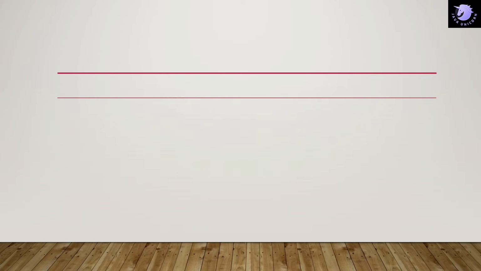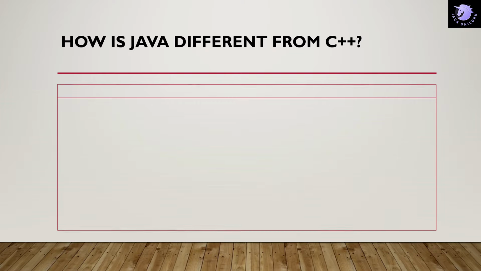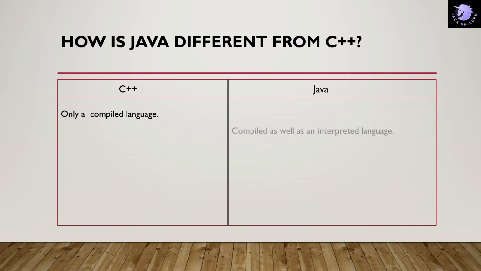Moving to the next question, how is Java different from C++? Let's see the differences. C++ is a compiled language, whereas Java is compiled as well as interpreted.